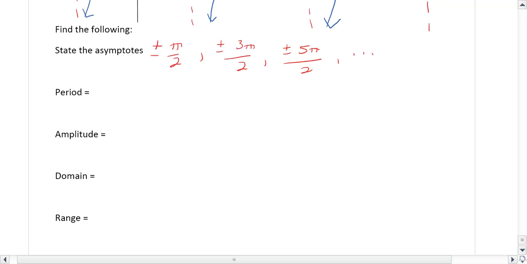So this could be a logical time to go down here and state the domain of this tangent. Because the domain, you can see it exists everywhere except at the asymptotes. So we will state the domain as the set of all x's such that x is not equal to our asymptotes. So I'm just going to repeat the same list here because this is where x does not exist.